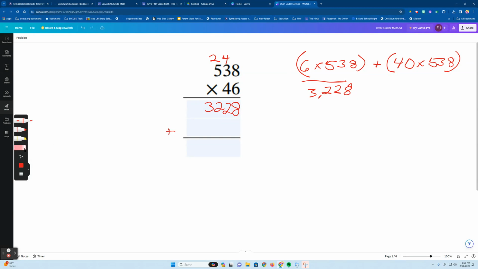And it kind of helps me, if I use an eraser to go ahead and erase my carrying. Now I'm going to be multiplying 40 by 538. And I know that that's going to end in a 0 already. So I can think of 40 times 8 is really 4 times 8, which is 32. It's really 320.